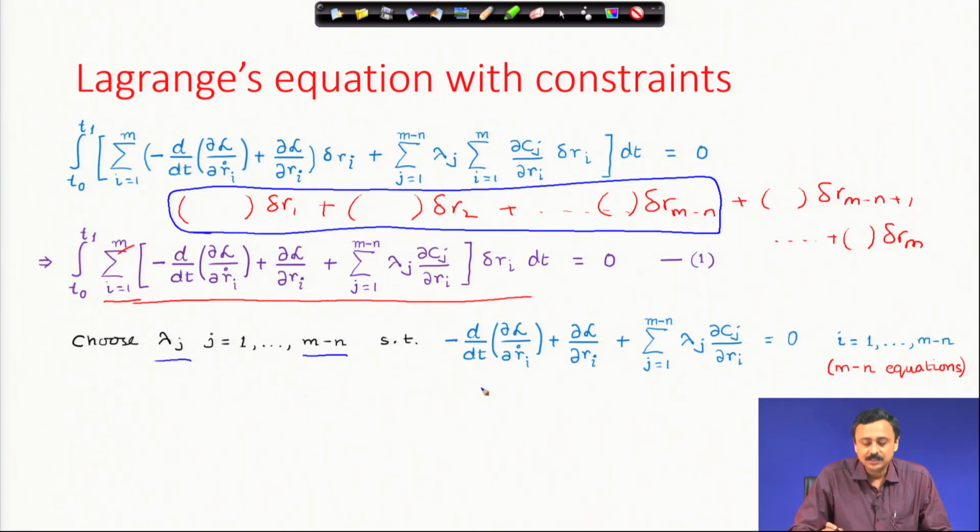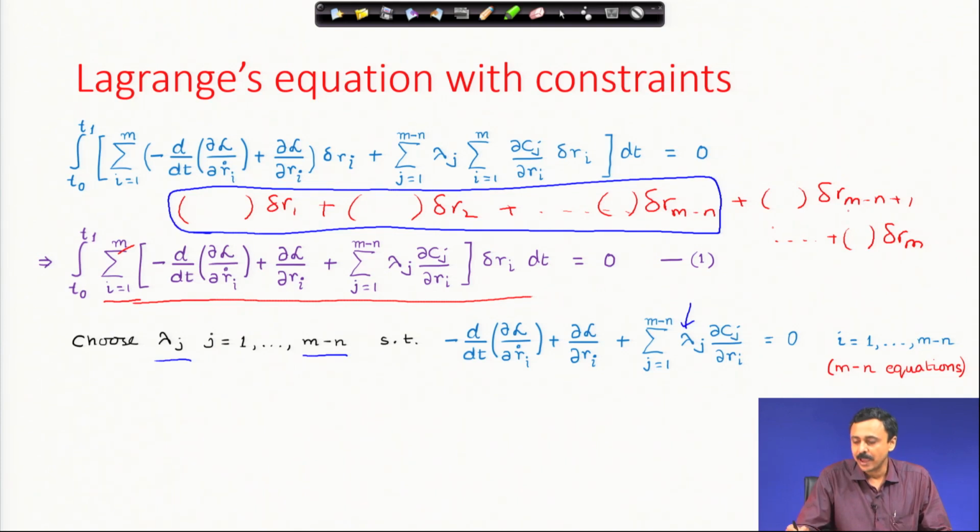Okay, let us say that these regularity conditions are satisfied, so that the first m minus n bracketed terms go to 0, and I have chosen these lambdas as special values for which these first m minus n bracketed quantities go to 0.